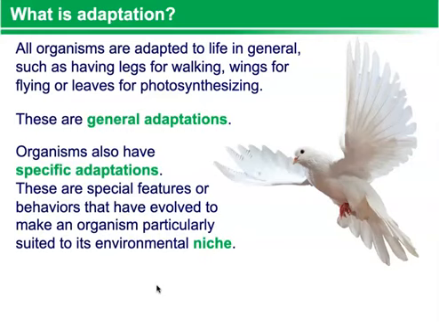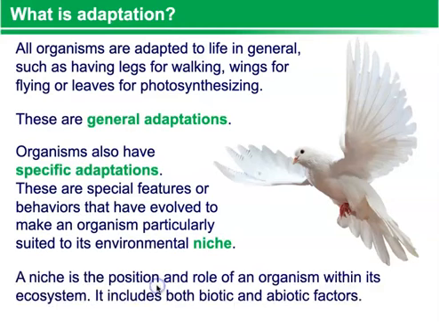Specific adaptations are special features or behaviors that have evolved to make an organism particularly suited to its environmental niche. Remember that a niche is the position and role of an organism within its ecosystem. It includes both the biotic and abiotic factors of that particular organism.